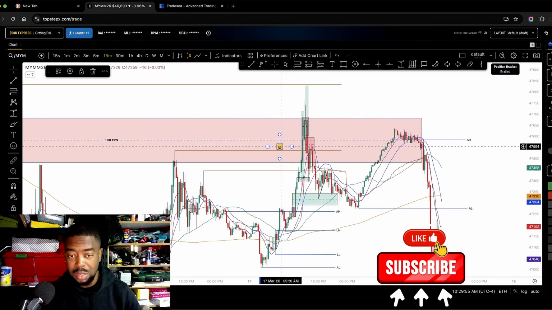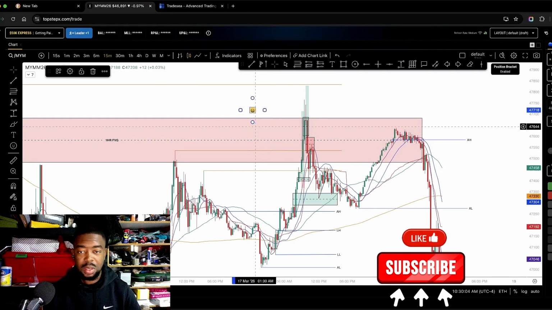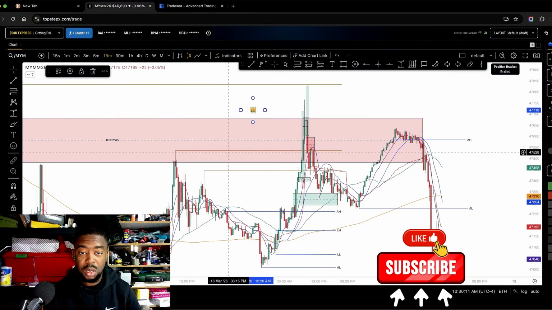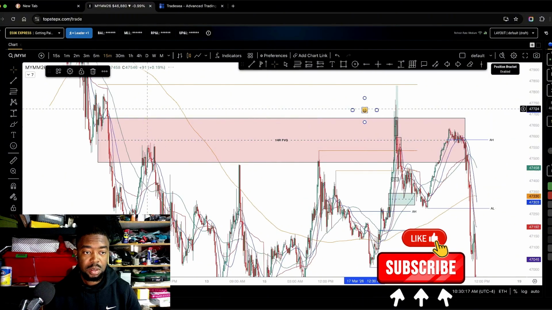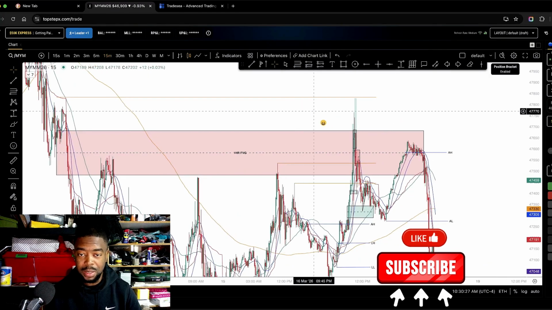So I say all that to say, make sure you confirm your 5 minute entries on the 15, if that makes sense. And that's if, let's say, for instance, this was a 5 minute bearish FVG. Then I wouldn't be looking into the 15 minute to confirm it unless there were other gaps in the 5 minutes above this that would potentially push price up to those gaps to then come back down.